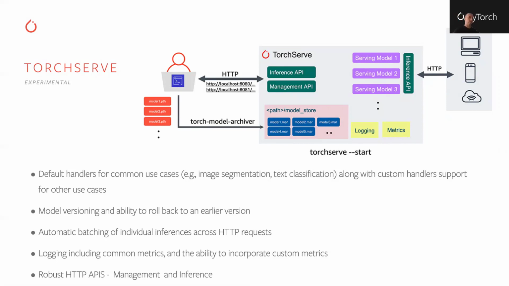There's also the ability to version your models, roll back to earlier versions, do auto batching across HTTP requests, all of the usual logging and metrics, as well as, as I mentioned previously, a robust set of APIs accessible through HTTP for both management of your models and handling how inference is performed. And that is open source. If you go to the PyTorch org on GitHub, slash serve, you can find that repo.